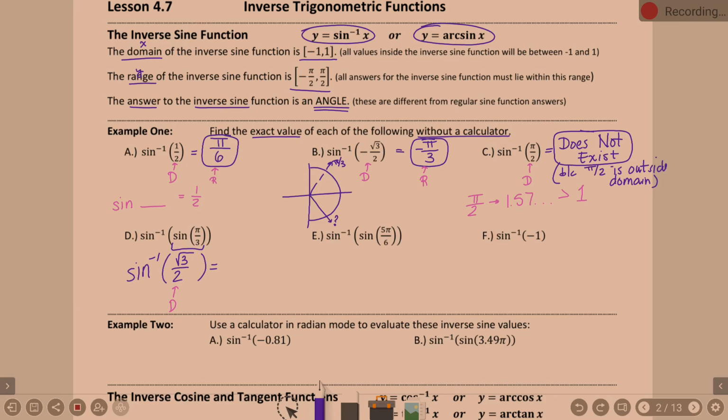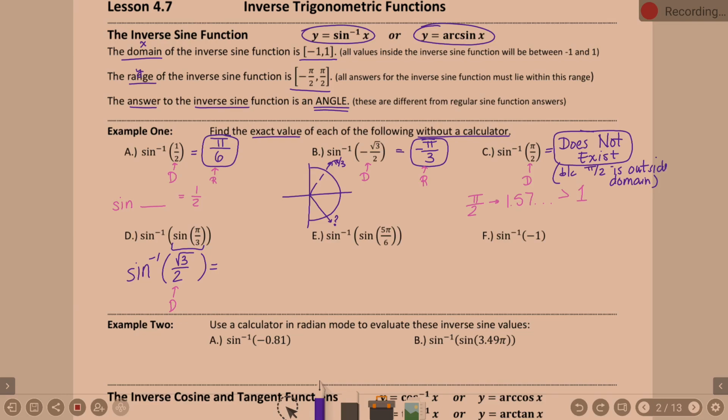What do you think? Sine inverse of square root of 3 over 2. I don't remember what that is.